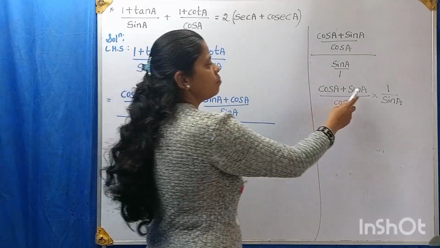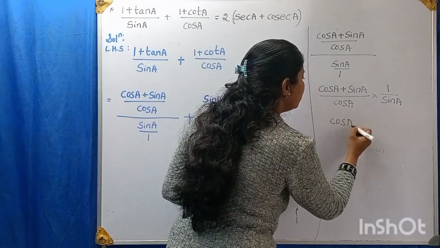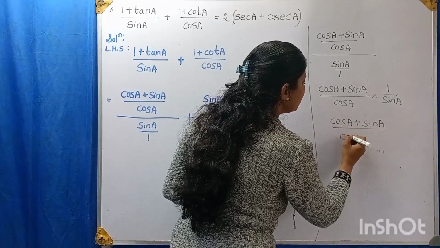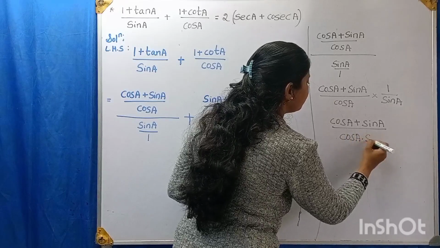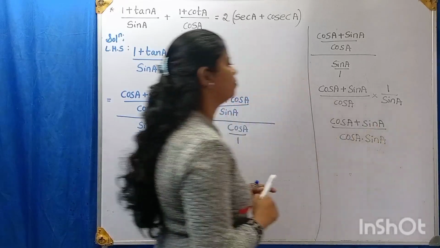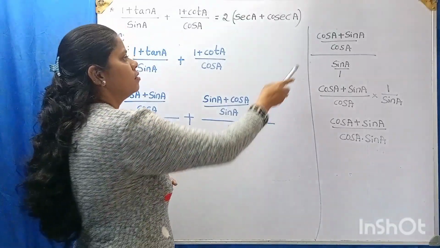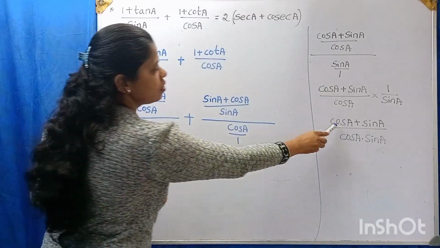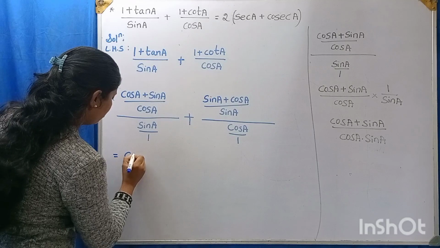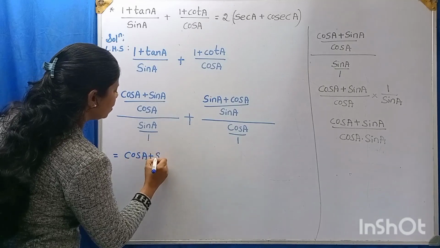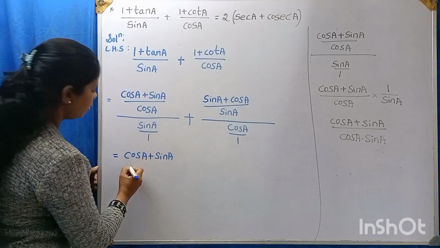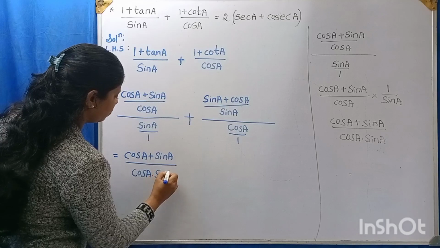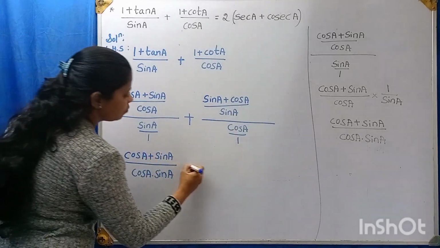It will become (cos A plus sin A) divided by cos A into sin A. Therefore this whole term I can write as (cos A plus sin A) divided by cos A into sin A. For this plus, let me write plus.